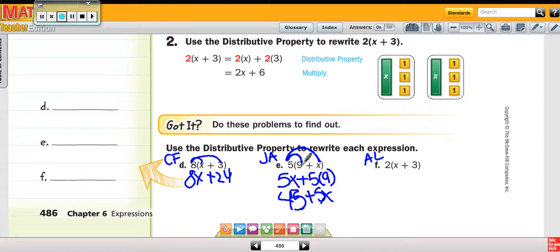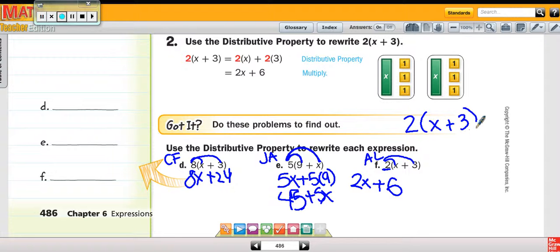And Aubrey. Letter F. You have to multiply 2 times x, so it is 2x plus 2 times 3 is 6. Very good. Now I say with these problems, these numbers out here, they're the sharing people.